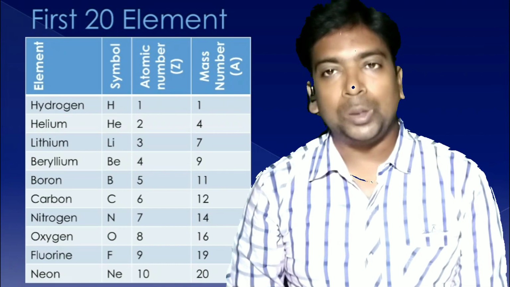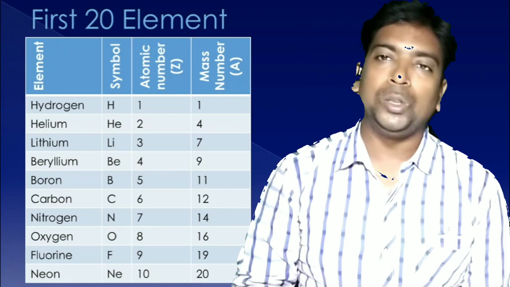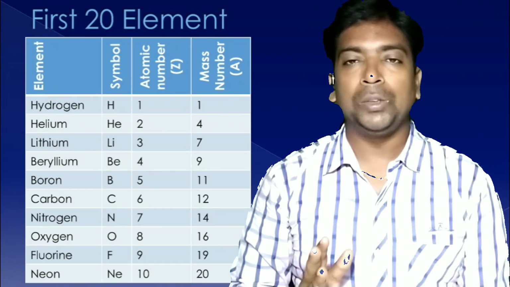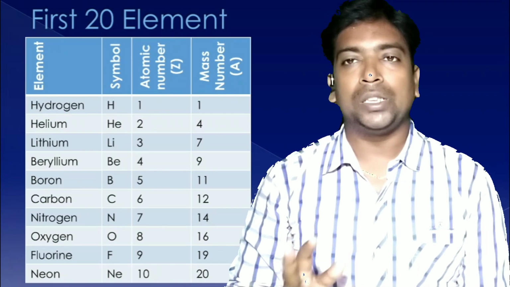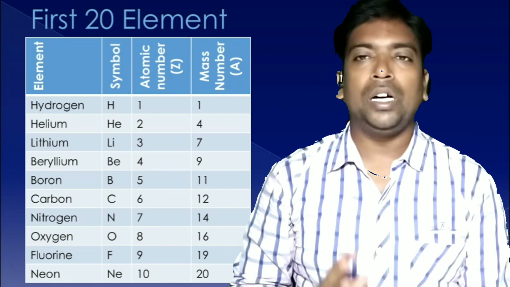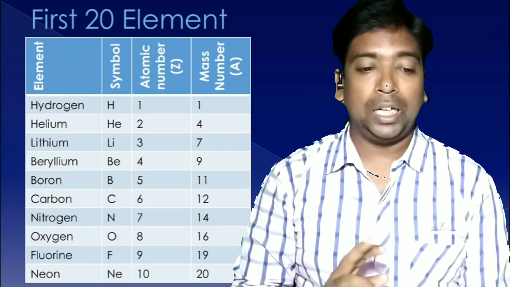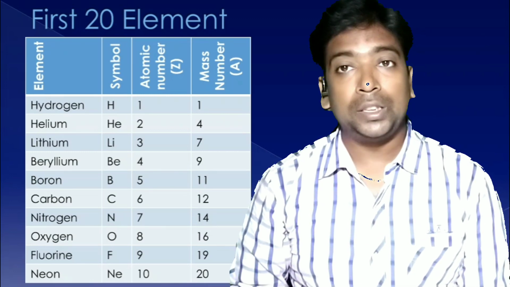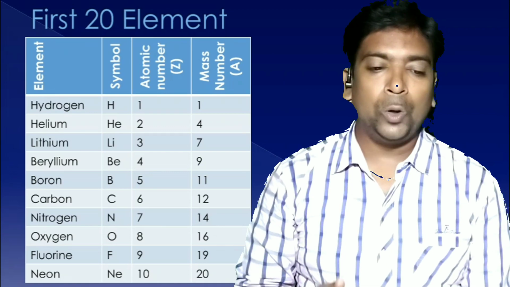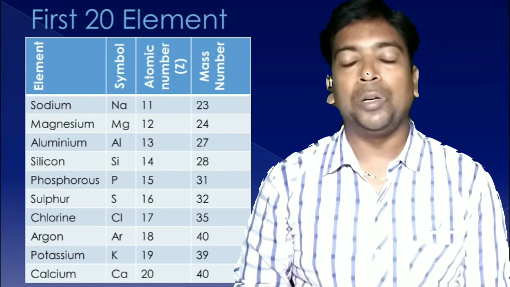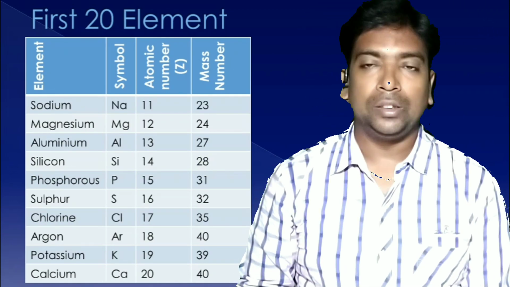Hydrogen, the atomic number is 1 and the mass number is 1. Helium, the atomic number is 2 and the mass number is 4. Lithium, the atomic number is 3 and the mass number is 7. Similarly, you can see carbon, atomic number 6, mass number 12. Fluorine, atomic number 9, mass number 19.